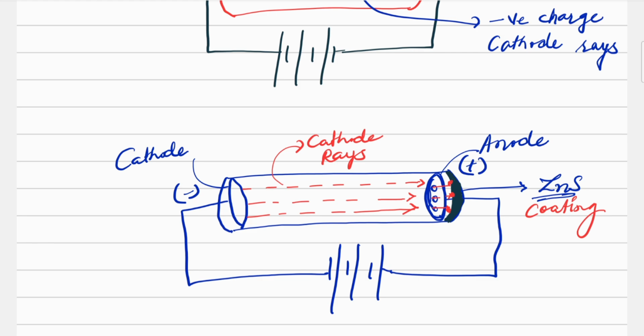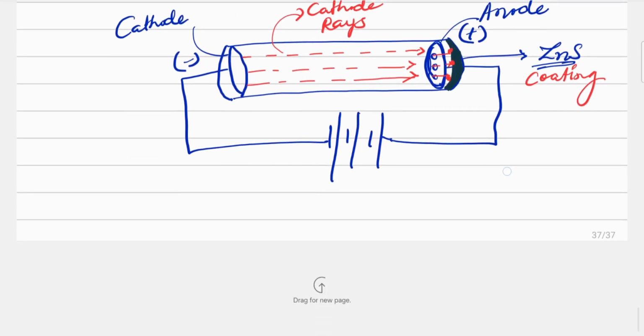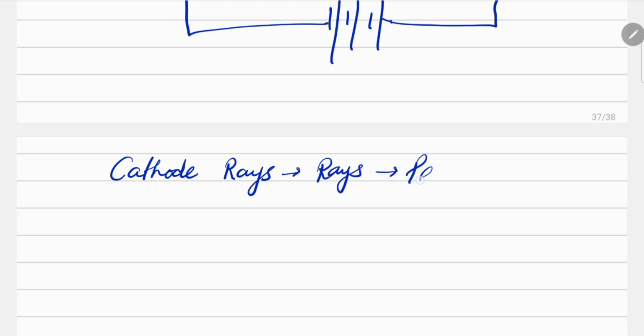Okay, he did the coating, and whenever these rays struck the zinc sulfide coating, it actually glowed. He got to know a few things about these so-called cathode rays, that they had few properties. Cathode rays are rays made up of particles, and these particles have negative charge on them.